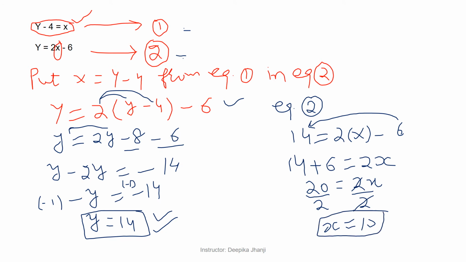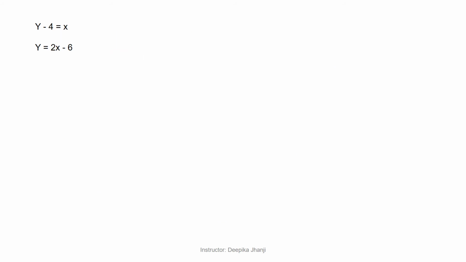Right? So the solution of this system of equations is x is equal to 10 and y is equal to 14. This step completes the solution. So this is your answer, right? Now to verify your result, we can plug in the values of x and y in any of the equations.